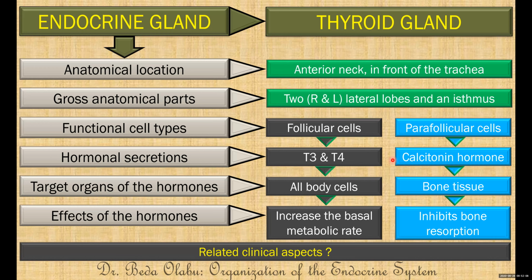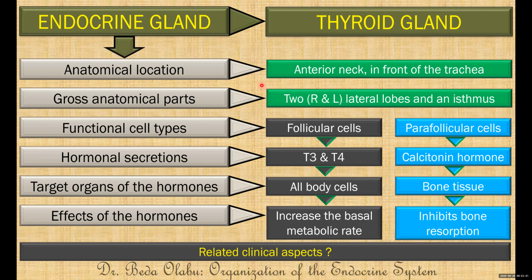Hypo or hyperthyroidism can either be primary or secondary, depending on the cause of the problem. If the cause of the problem is pituitary or hypothalamus, then it's a secondary type of a disease. But if the cause of the problem is intrinsic to the thyroid gland, then it's a primary thyroid disease.